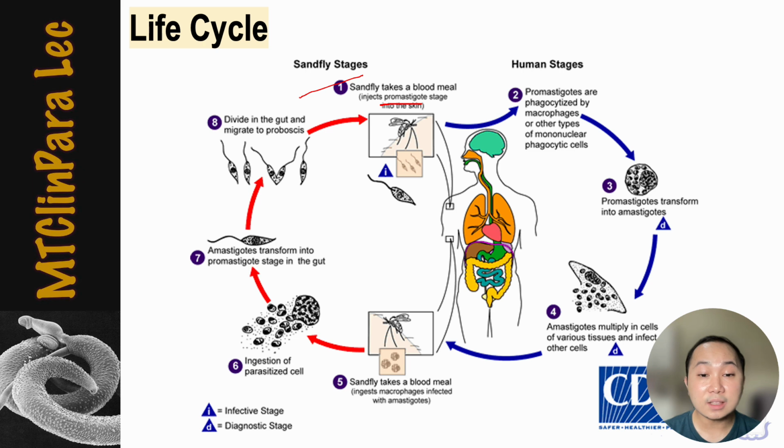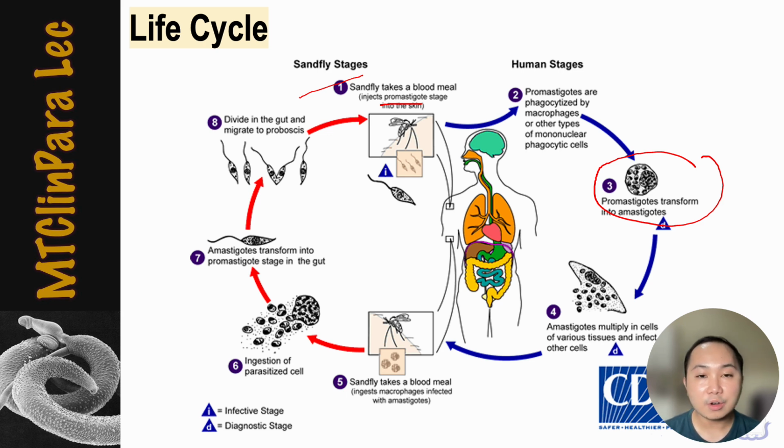These are phagocytic cells, and one of their functions is to phagocytize, or eat, microorganisms to kill them. These cells will ingest the promastigote stage, where inside them, the promastigote will develop into an amastigote. So as you can see here, our parasite is immune to being killed by our immune cells, or macrophages.